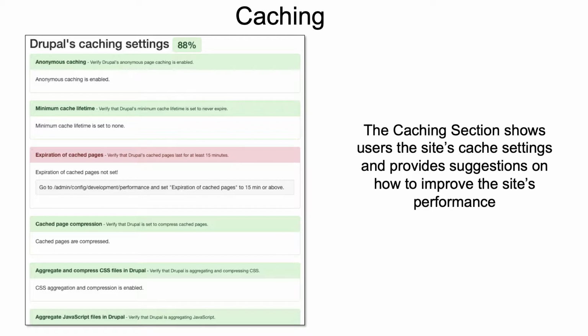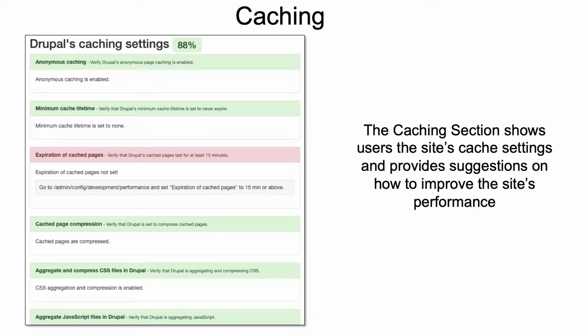For caching, in this section, you can see the site's cache settings, as well as suggestions on how to improve the site performance. Notice, we can see if anonymous caching is enabled, and what the minimum cache lifetime is set to. In this case, it's none. We might consider changing that.